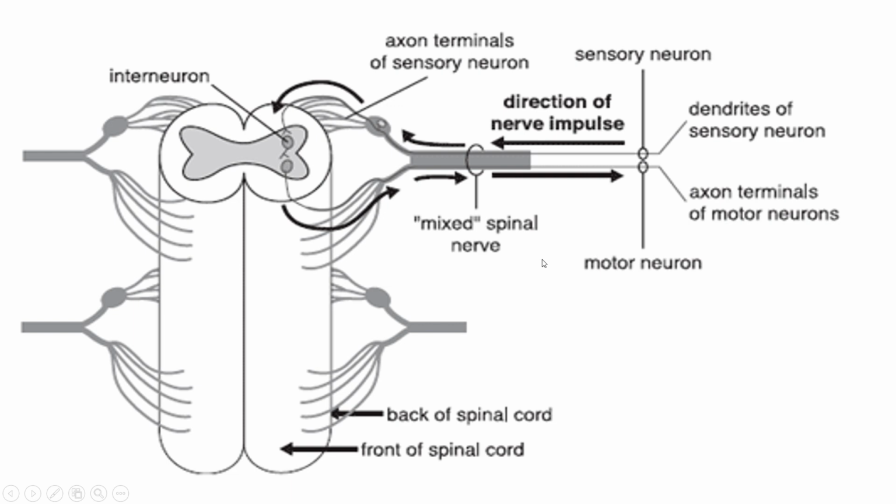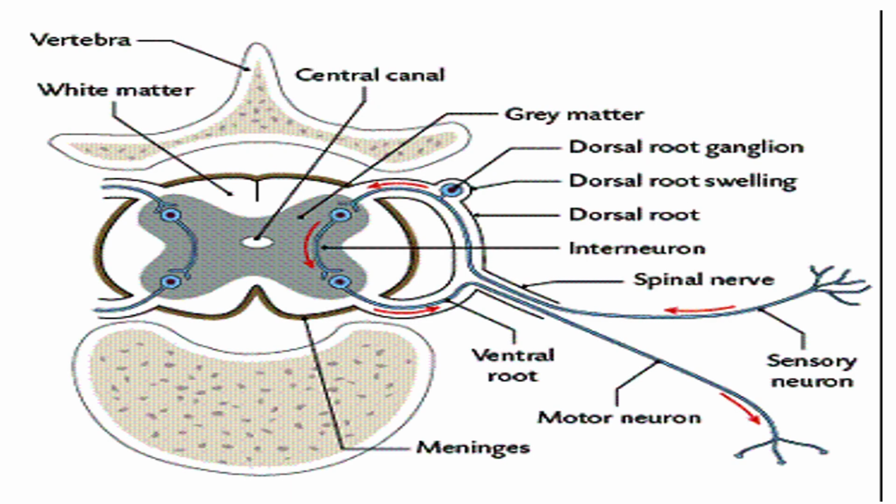It will then go and take an effect on a muscle. And so this is again just another picture depiction of what we're talking about. All right, repetition does not grow old. This one is also showing the same. We have the sensory neuron, which is coming in, and the sensory nerve. The nerve itself has this dorsal root ganglion, which is a swelling over here, which contains the soma, and goes and synapses in the gray matter.